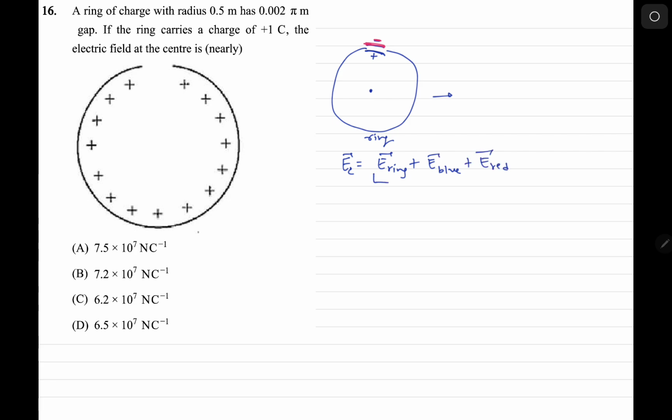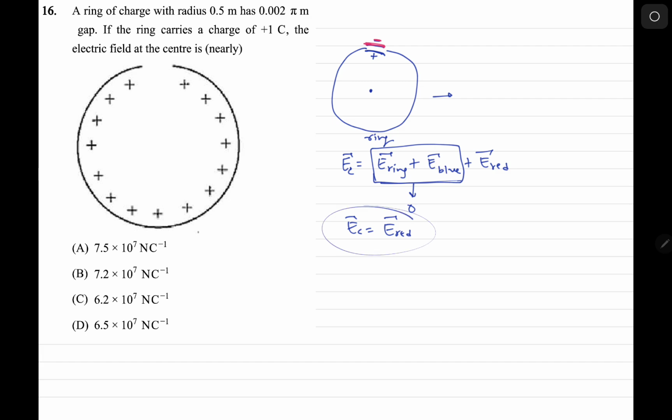Now the ring plus the blue element make a full ring, since the blue element is filling the gap. So the net field because of these two is 0. So the electric field at the center is nothing but the electric field due to the red element. That's what we need to find now.